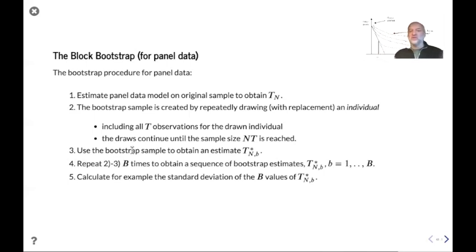You use this bootstrap sample to do your panel data estimator, or to obtain whatever statistic you're interested in, for example the parameters, the average partial effect, or elasticities. Then you repeat steps 2 and 3, B times, you get your distributions, and you can calculate the same statistics once again. So that's a thing to keep an eye on when you're doing bootstrap for panel data estimators. You have to use the block bootstrap, following this recipe.